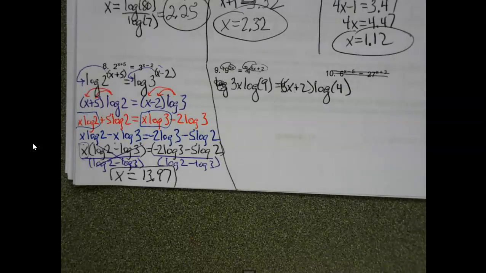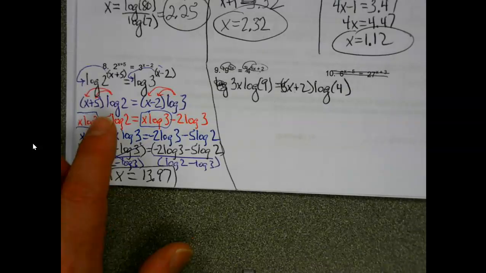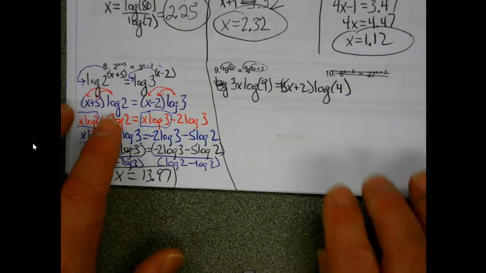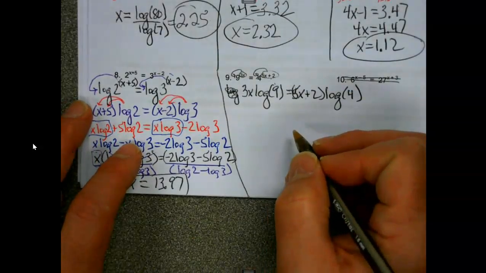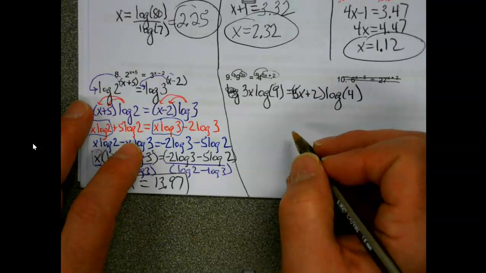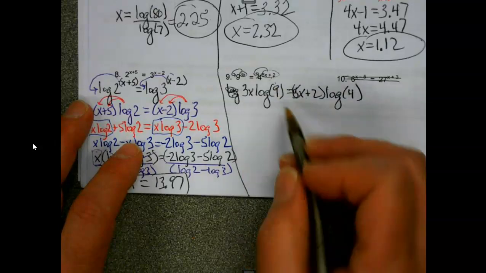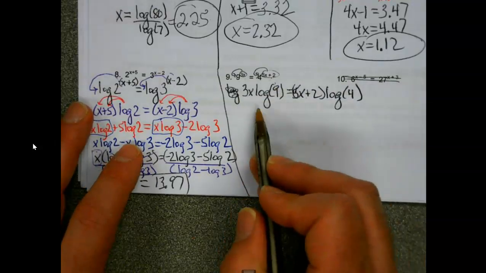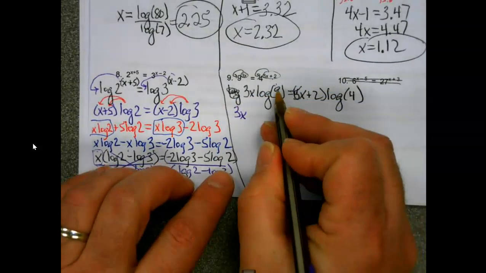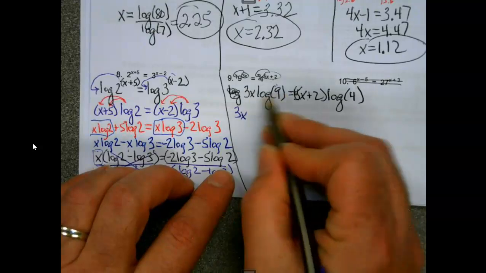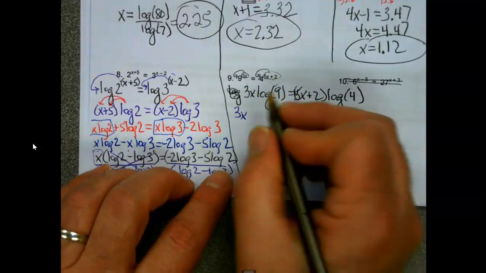And so once we got here, this is our example again. We're like, all right, well, wait a minute. When I've got this one, what am I distributing to? You're not. There's only one term here, so this one stays the same, because I'm not doing 3 log 9 and x log 9. There's no plus or minus to distribute to.